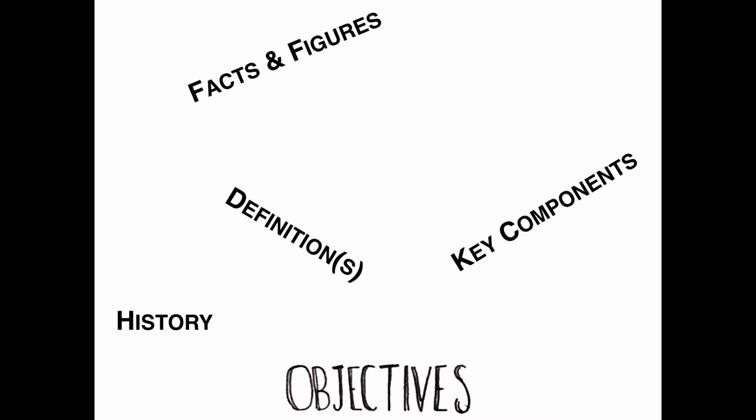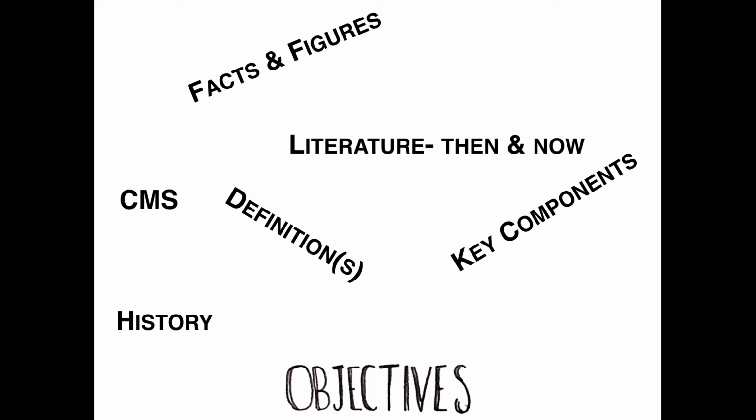Some key components of those and of the Surviving Sepsis campaign. Also CMS. Some literature then and now, and key stuff driving the definitions we have today. And then some stuff on the horizon.